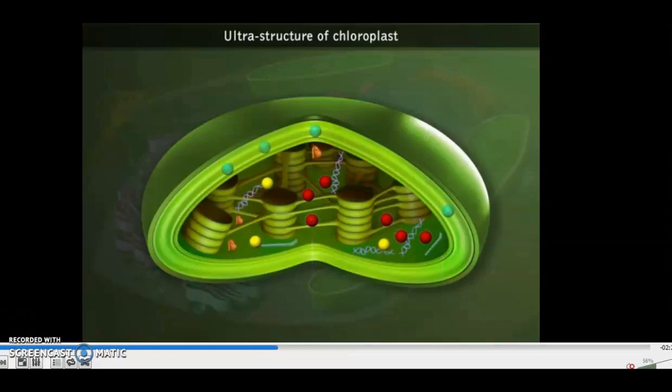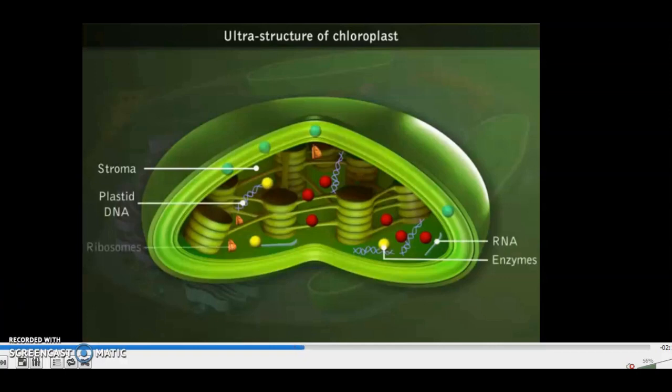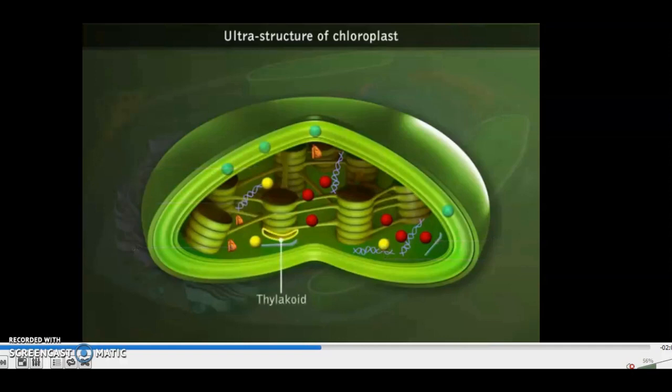The outer and inner membranes of the chloroplast enclose a semi-gel-like fluid known as stroma, and plastid DNA, ribosomes, RNA and enzymes are also present inside this stroma. And there is a structure called thylakoid also present.